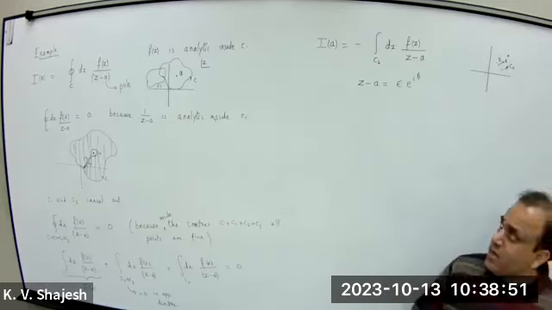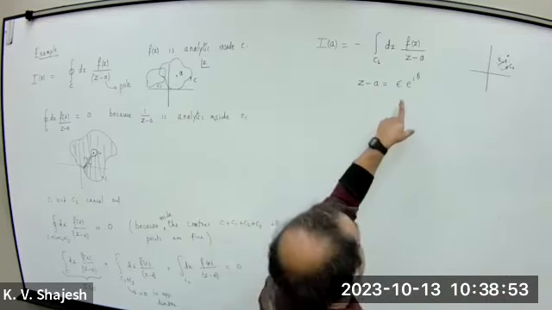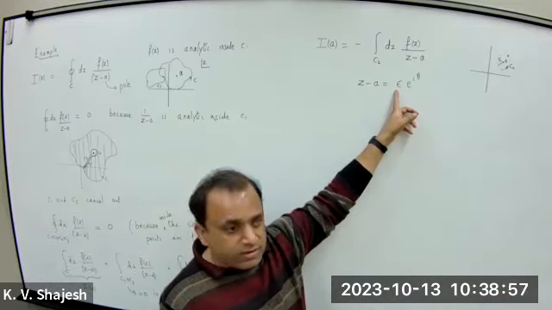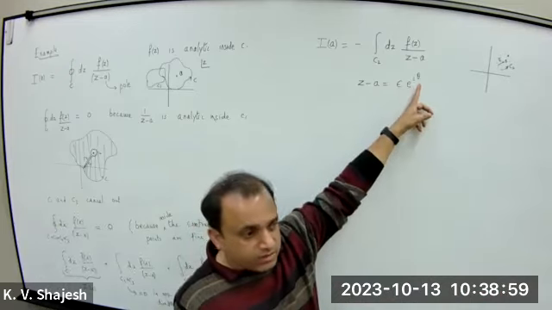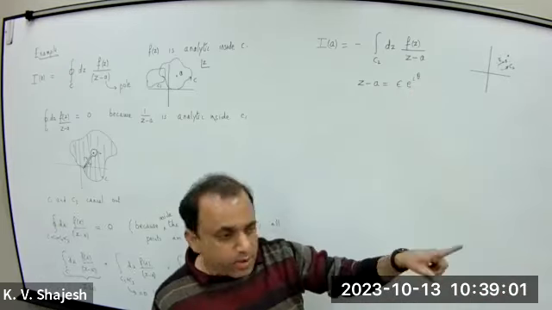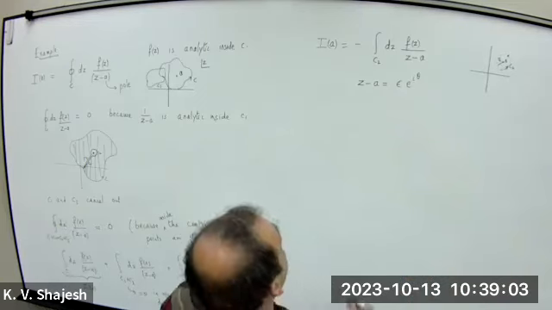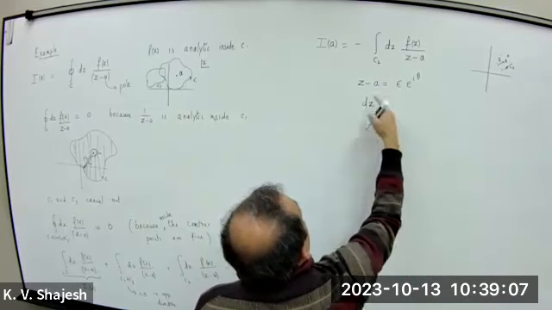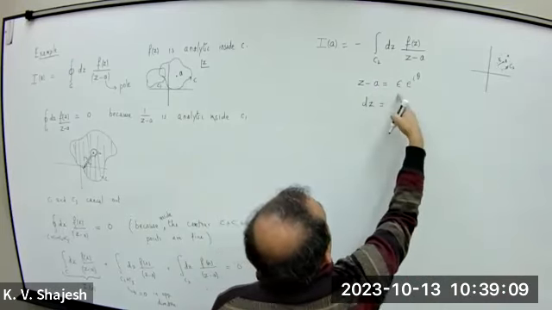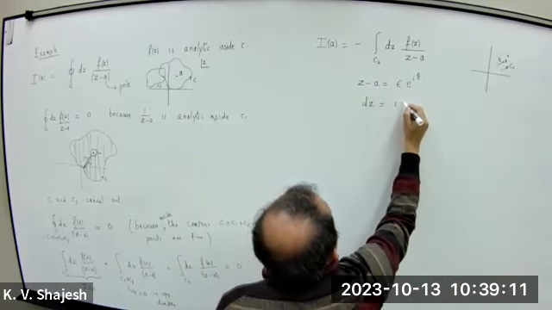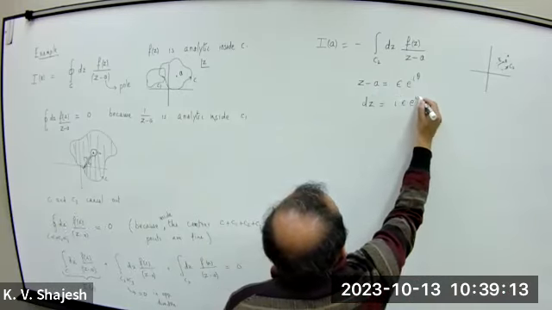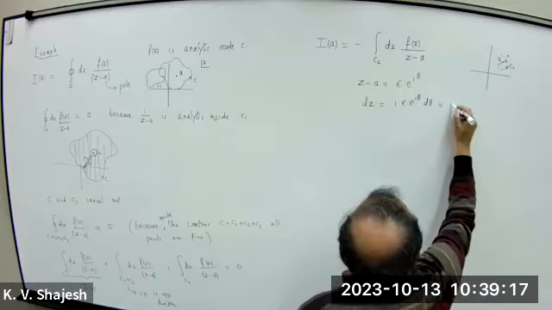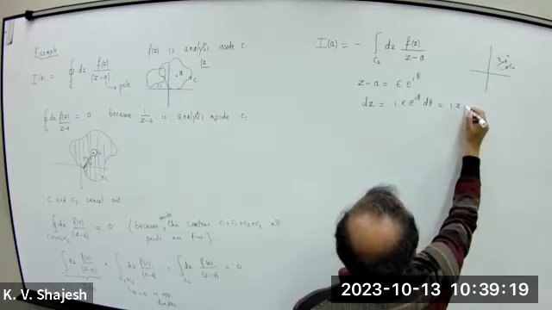We have to add that. And when I'm integrating, it is clear that I'm keeping the epsilon constant and doing the integration on theta. I go around C2, going around theta. But dz now is, since a is constant, i times epsilon e raised to i theta d theta.